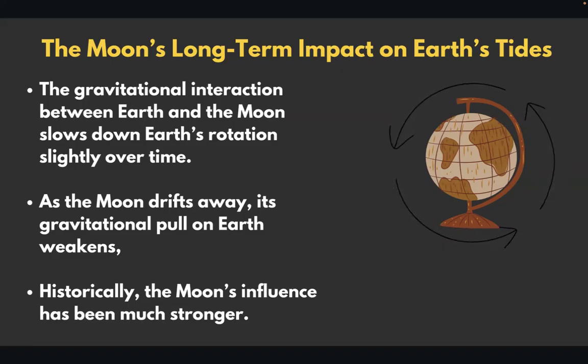Historically, the moon's influence has been much stronger. Billions of years ago, when the moon was closer, the tides were far larger, and the faster rotation of Earth caused days to be much shorter. These conditions helped shape Earth's climate and ecosystems.